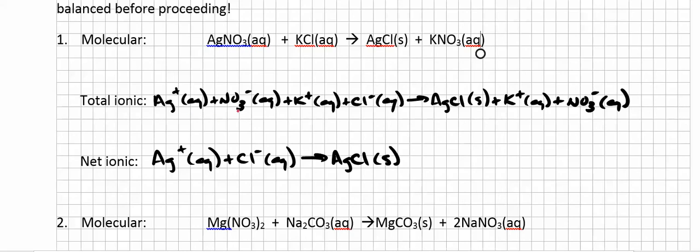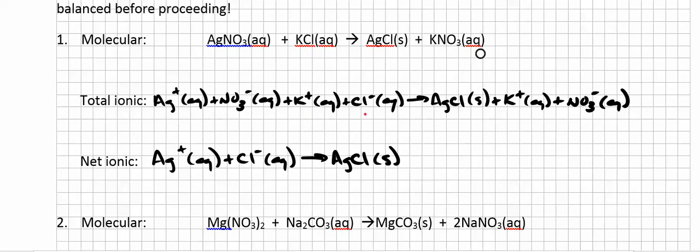Then KCl will also dissociate: K plus is one of the ions and Cl minus the other. So we've taken care of the left-hand side of the equation. We know what the major players are. AgNO3 dissociates into Ag plus and NO3 minus, and KCl will dissociate into K plus and Cl minus.